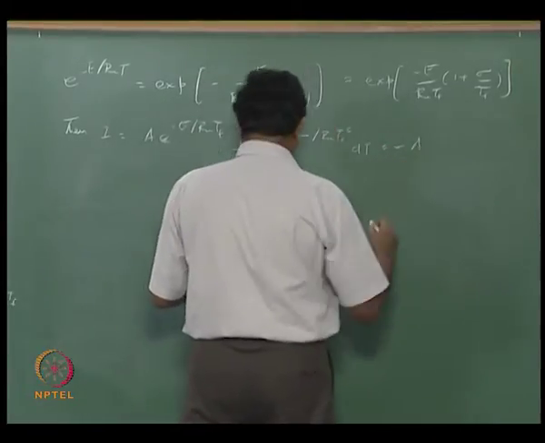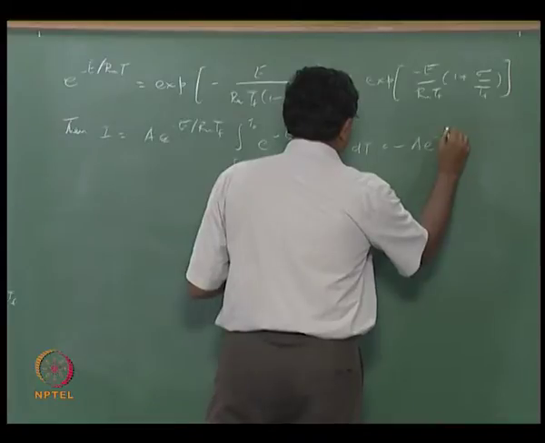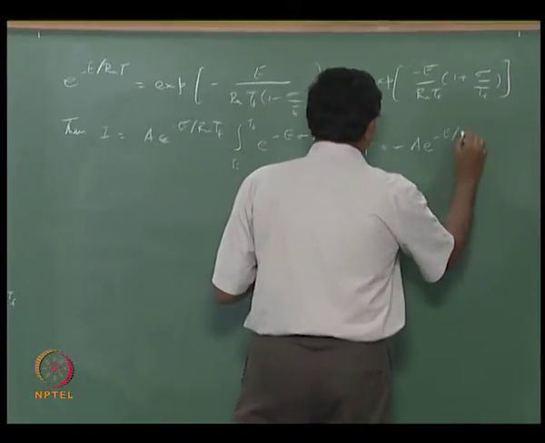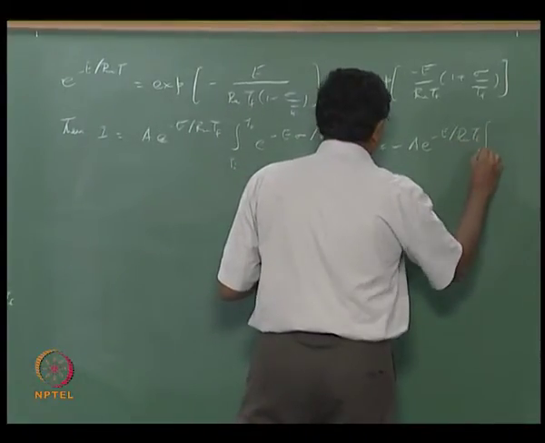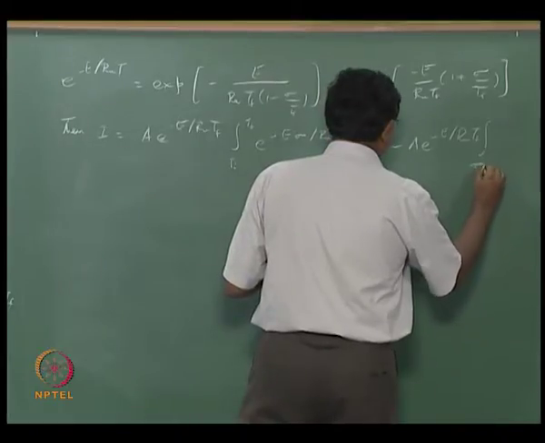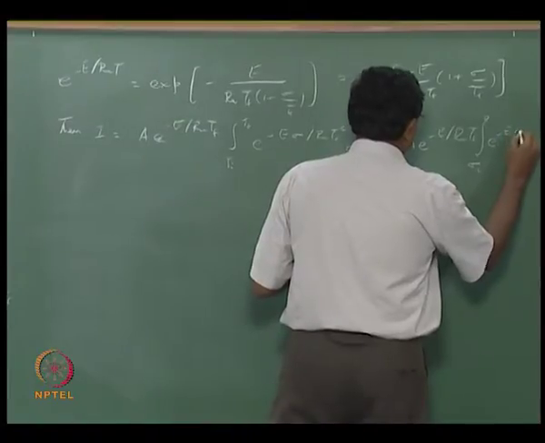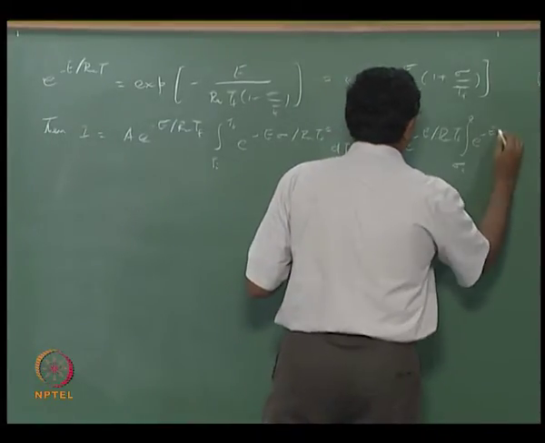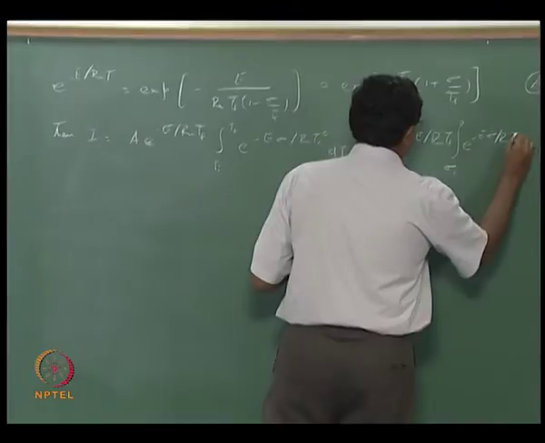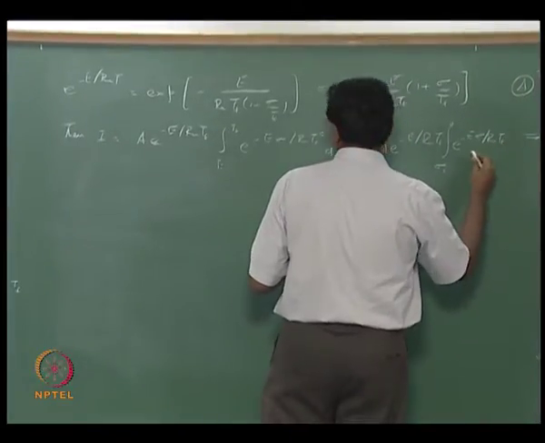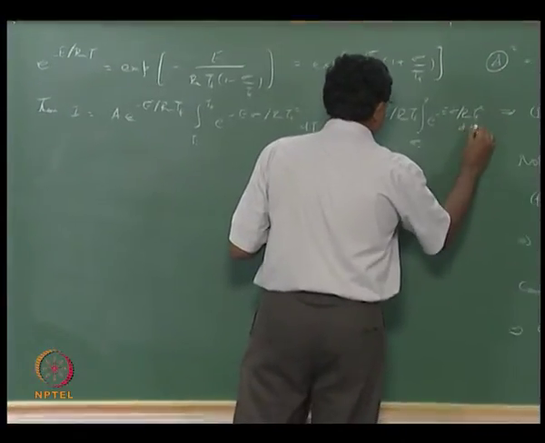So therefore we should write this as A e to the minus E over RUTF integral sigma I to 0 e to the minus E sigma over RU TF squared d sigma.